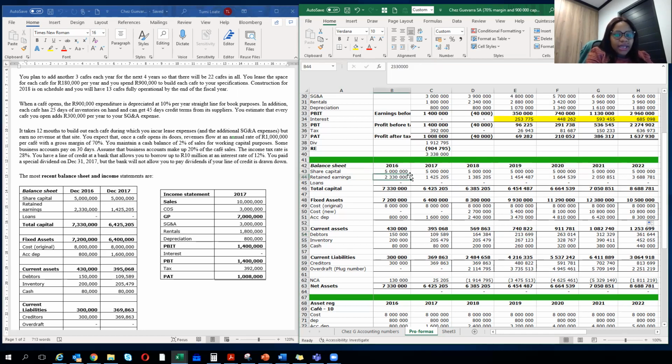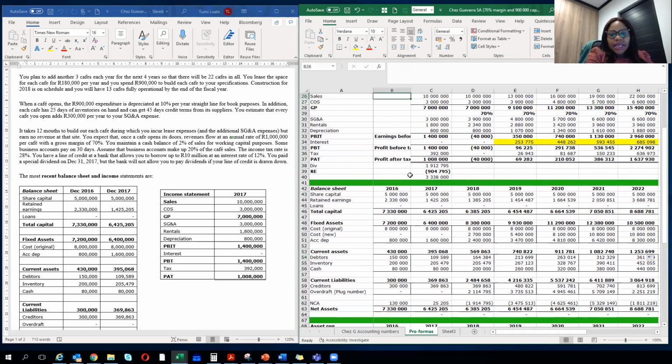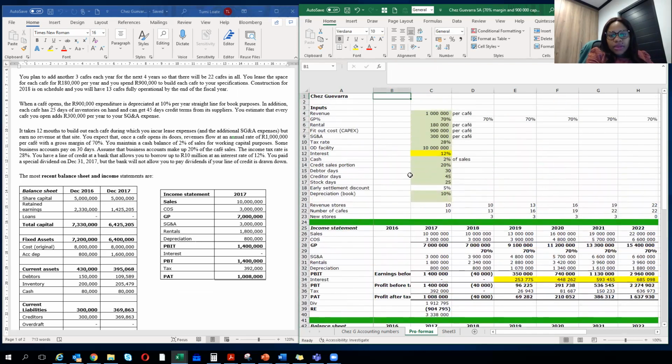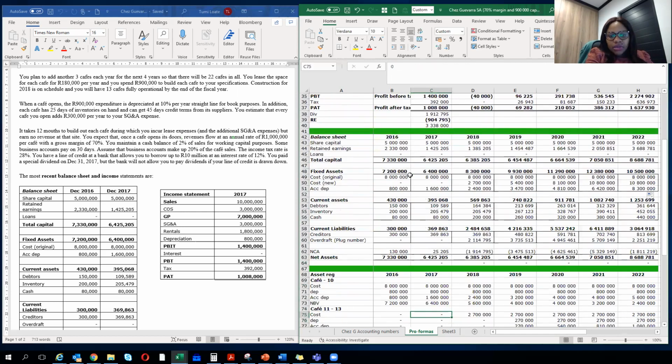So you would notice here in the question and here at the top when you've got your summary, they told you that your cash balance needs to be 2% of what your sales were. Okay, so we go down to our cash balance here in our balance sheet. It needs to be 2% of sales.